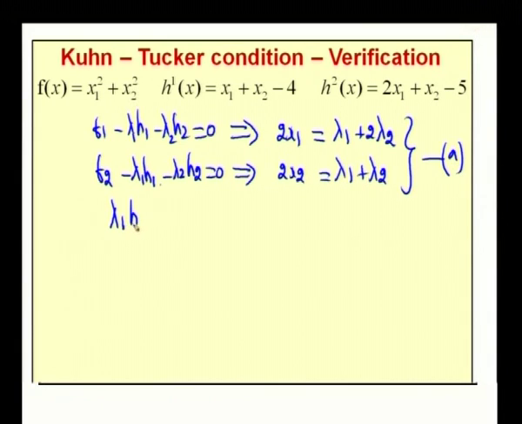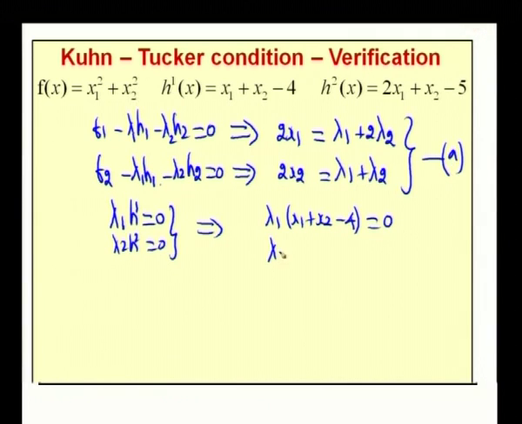We take these two equations as equation A. The next Kuhn-Tucker condition is lambda 1 h1 equal to 0 and lambda 2 h2 equal to 0. These two equations give us lambda 1 into x1 plus x2 minus 4 equal to 0 and lambda 2 into 2x1 plus x2 minus 5 equal to 0.